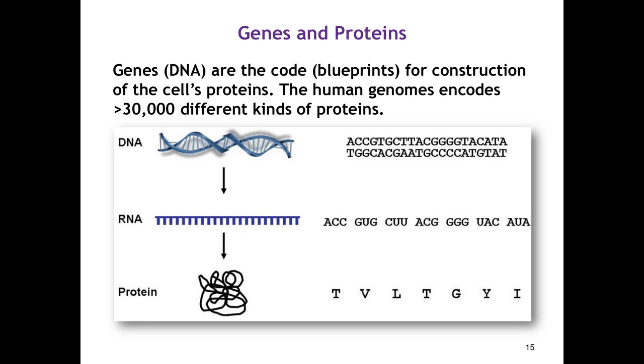There are something like 30,000 or so different human proteins, each encoded by a different gene. Here I'm oversimplifying a little bit, but not too much. At the top of the picture, we see the famous double helix of DNA and a little bit of DNA sequence shown to the right.